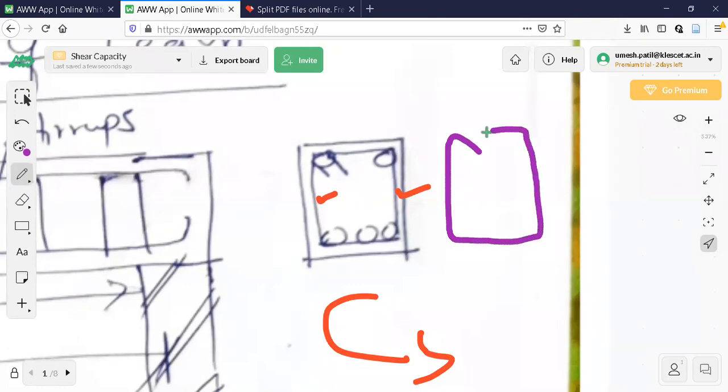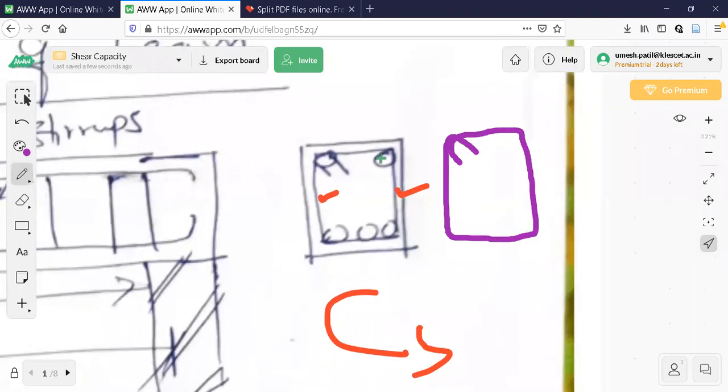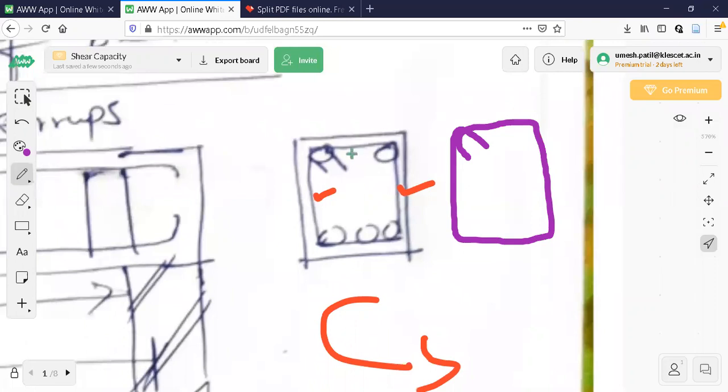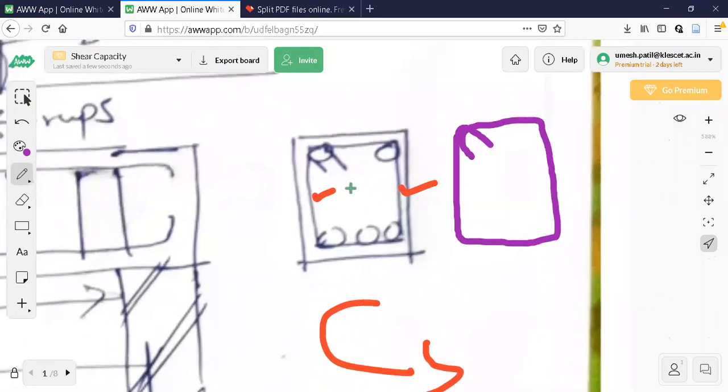It will be like this. Okay. These two are hanger bars. Don't be under the impression that it has become a doubly reinforced beam. If I provide two more bars here, then I can say it has become doubly reinforced.